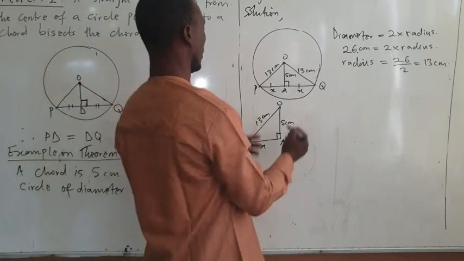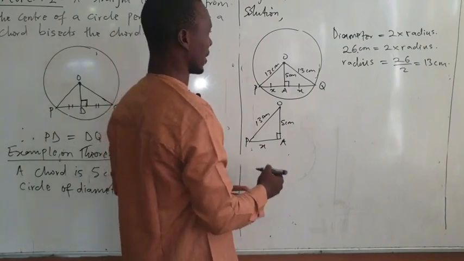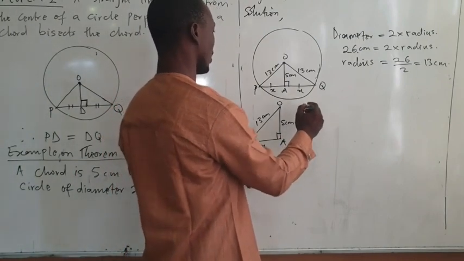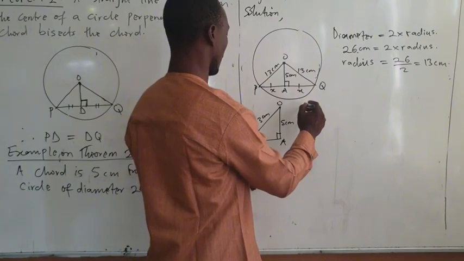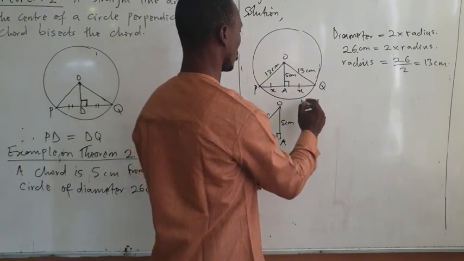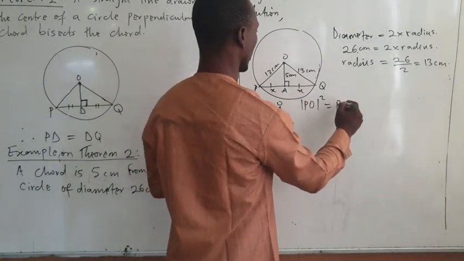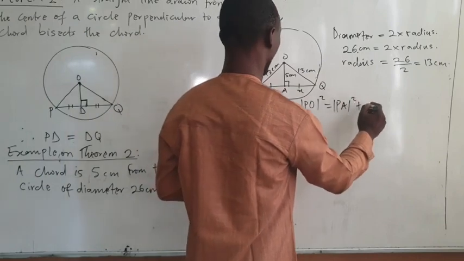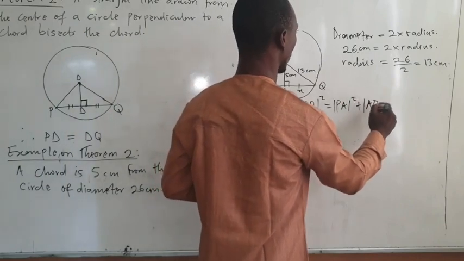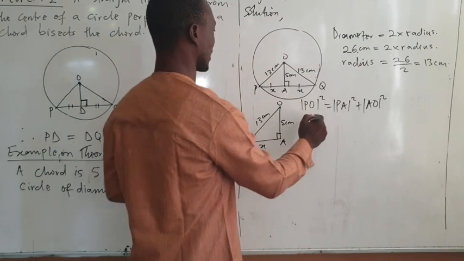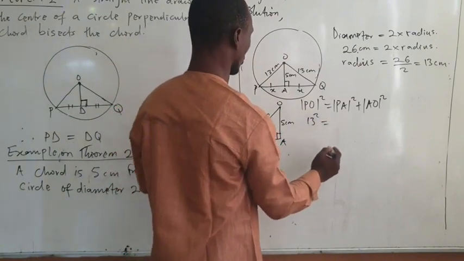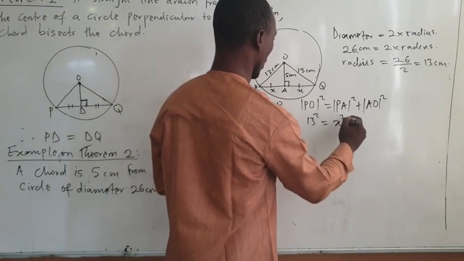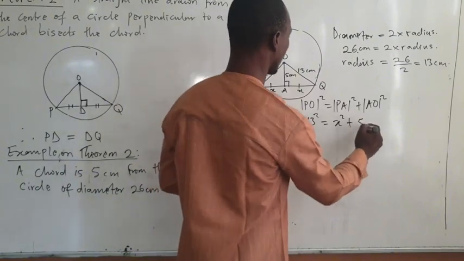So X will now be, solving by Pythagoras theorem, PO squared equals PA squared plus AO squared. What is PO? That's 13 squared equals PA, that's X squared plus 5 squared.